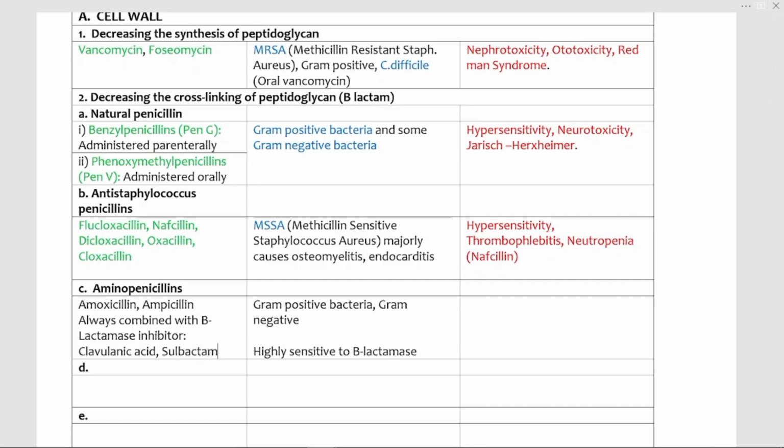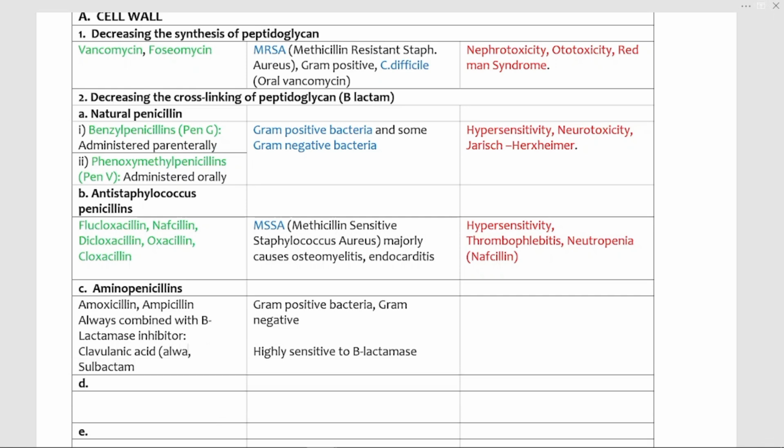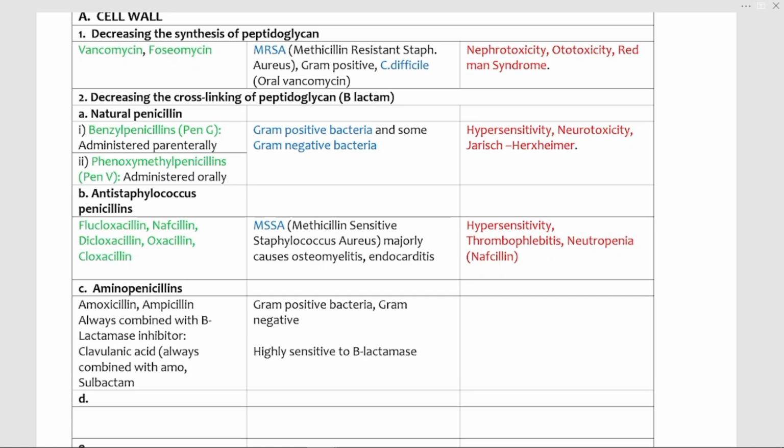I think that's the spelling, sulbactam. So clavulanic acid is always combined with amoxicillin, while sulbactam is always combined with ampicillin.